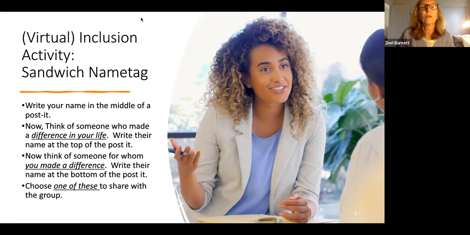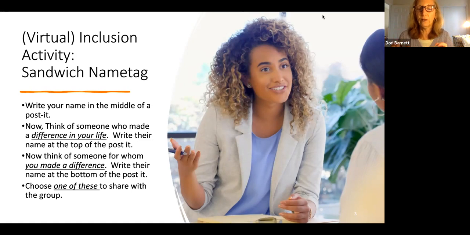Since we have about 10 participants, I'm just going to do this in a quick breakout. You're going to meet with one other person. Just introduce yourself. You don't have to give the name. You can describe just someone who made a positive difference for you or the child you made a difference for.